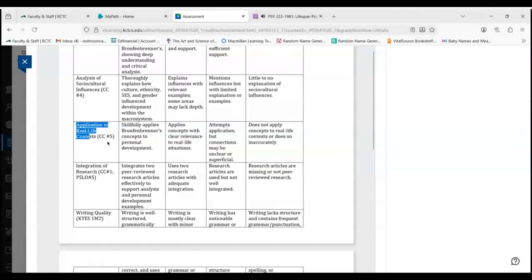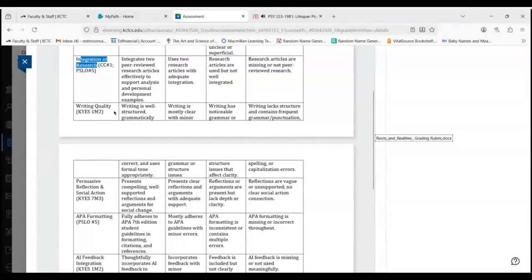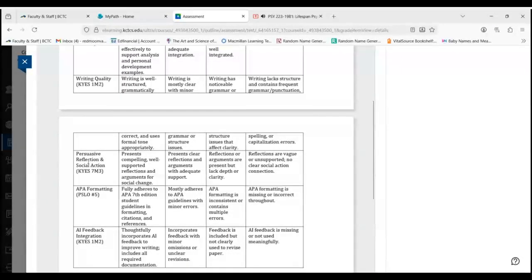Application to real life, you've done that in our application paper. It should be okay. You're integrating your research into your work. That'll be graded. The quality of your writing will be graded. The reflection on social action. So that's the concluding paragraph that I just talked about.